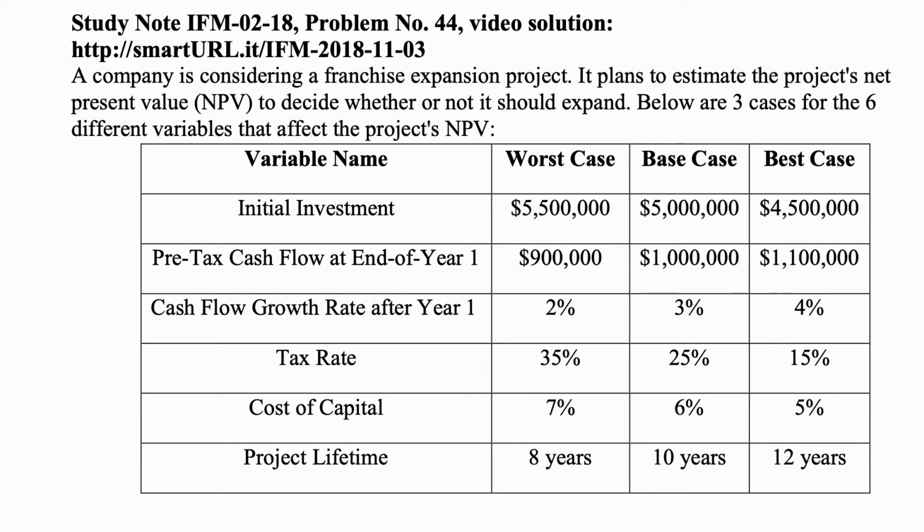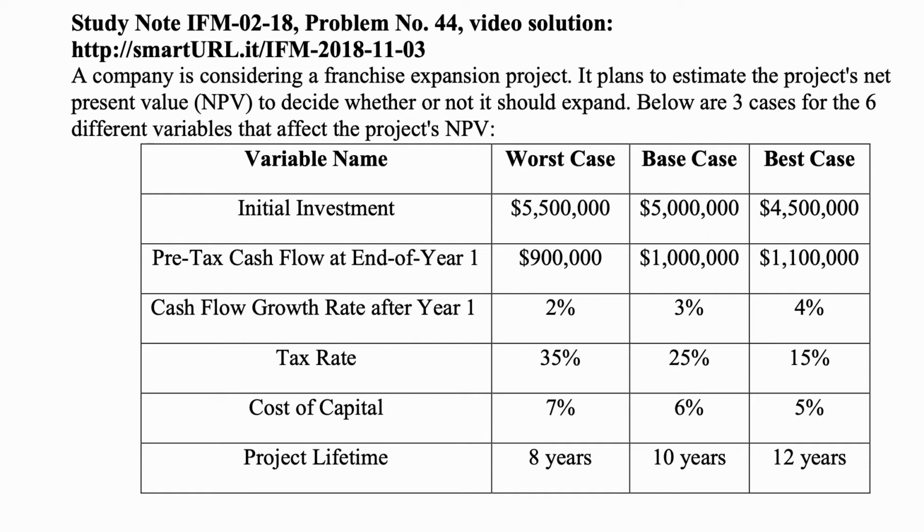And here's the exercise for today for exam IFM, Investments and Financial Markets. A company is considering a franchise expansion project. It plans to estimate the project's net present value to decide whether or not it should expand. Below are three cases for the 6 different variables that affect the project's net present value. The 3 cases are worst case, base case, and best case.